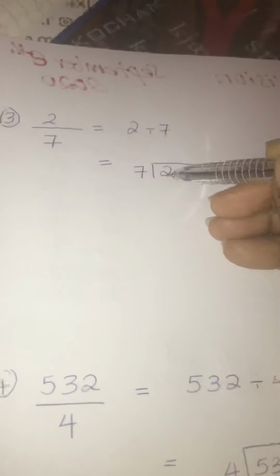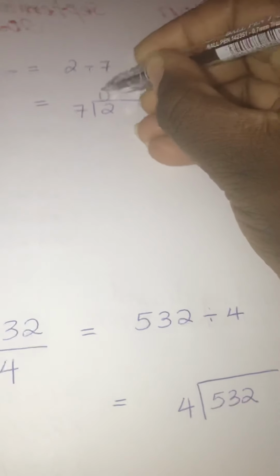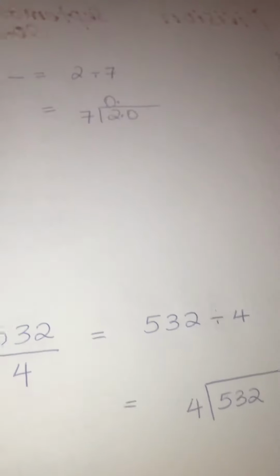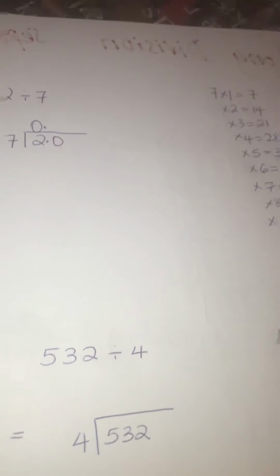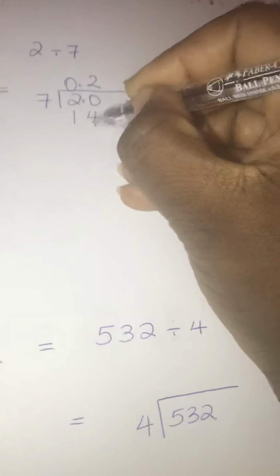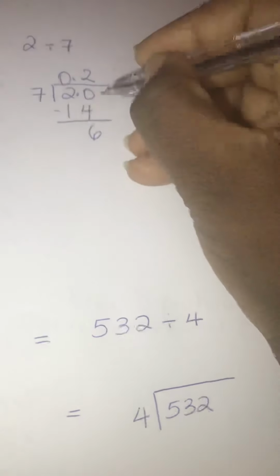All right. So let us do this example. Can 7 go into 2? No, 7 cannot go into 2, so I write 0. Can 7 go into 20? I check. Yes. 7 can go into 20 2 times to give me 14. 20 minus 14 is 6.